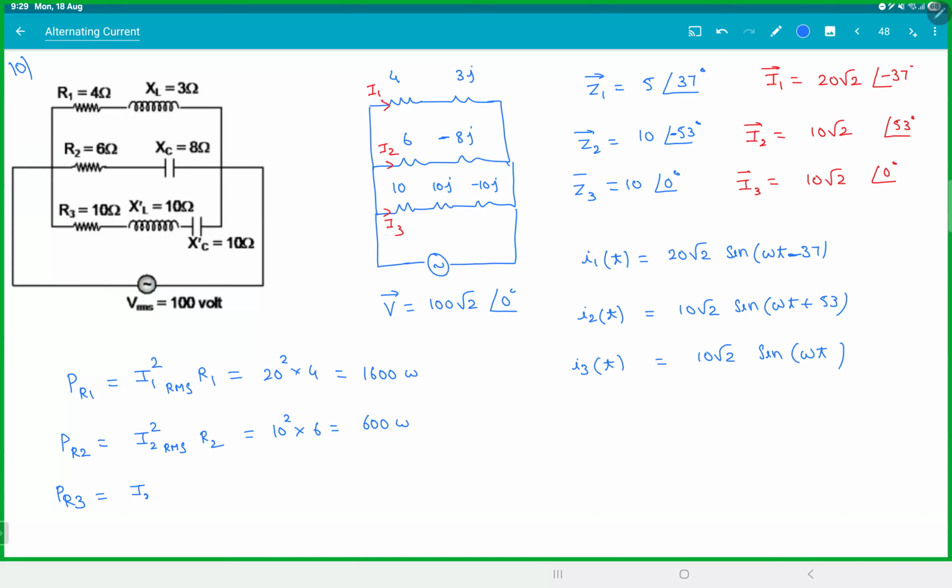PR3 will be I3 RMS squared into R3. That is 10 squared into 10, that's 1000 watts. This is the power in each resistor. So what's the total power? Total power is 3200 watts.